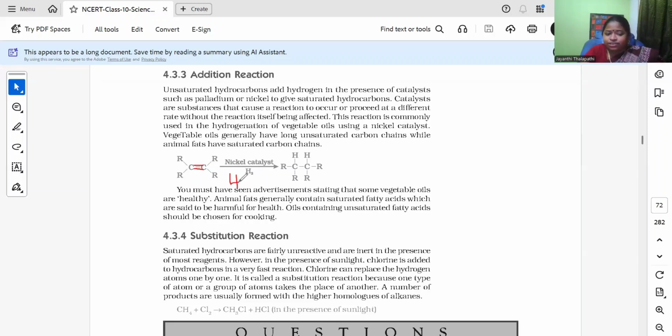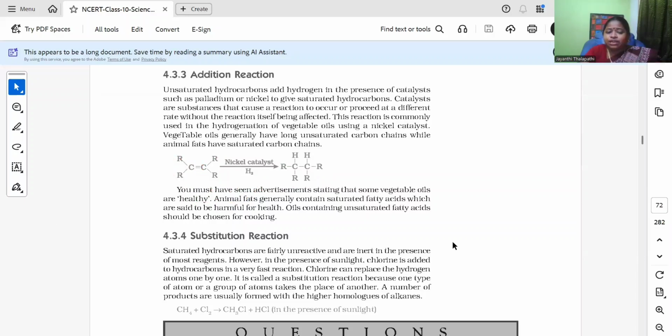You take it as H2, H bond H. One H binds with one carbon atom, the other H binds with the other carbon atom, and it becomes an alkane. Suppose this is ethene, with all the R groups as hydrogen. Now the compound is ethane. Whatever the alkene, it leads to an alkane by adding hydrogen.